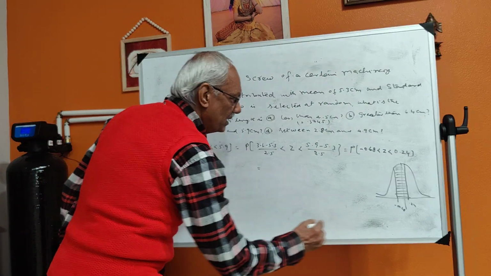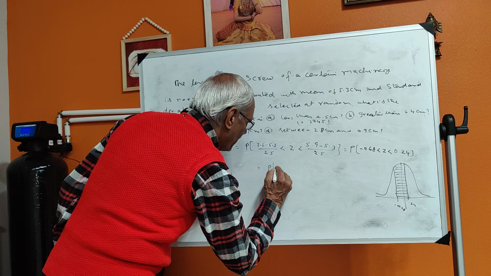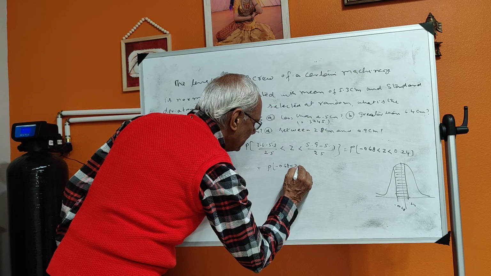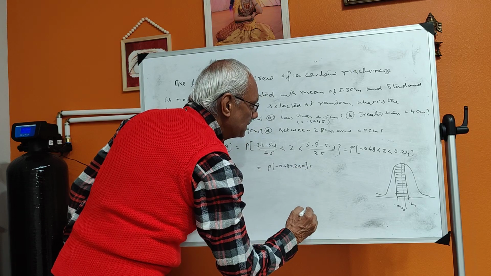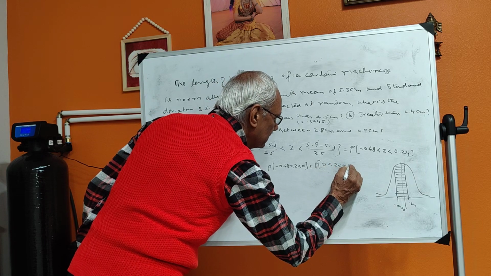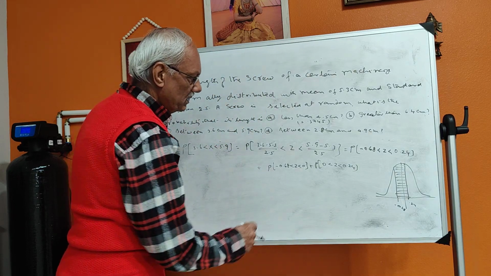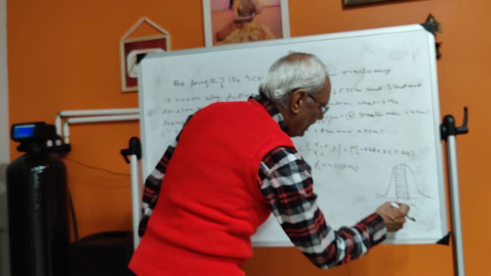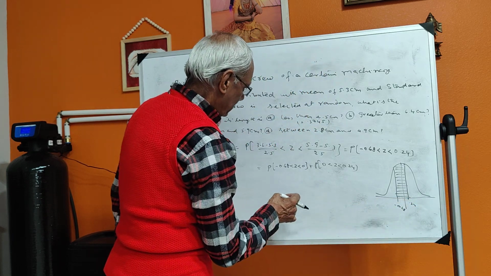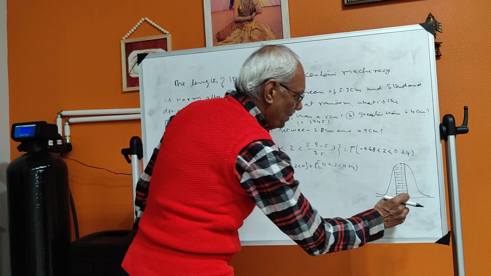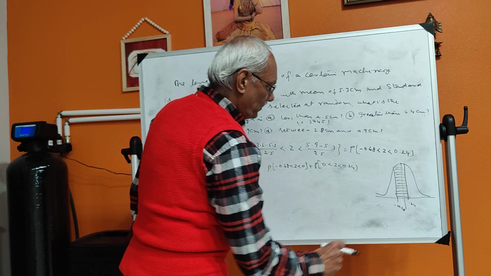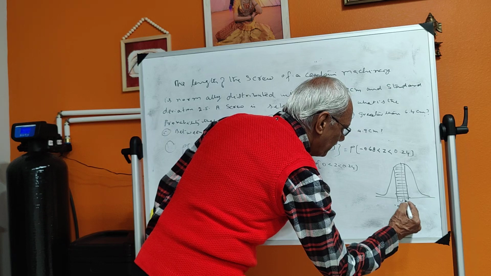So this is nothing but P of minus 0.68 less than z less than 0, plus P of 0 less than z less than 0.24. So minus 0.68 less than z less than 0 is this area plus this area.